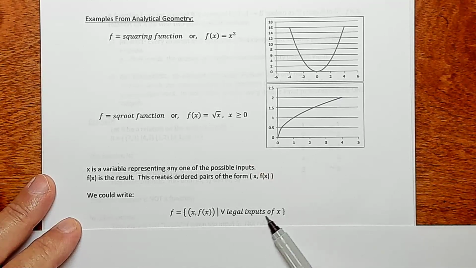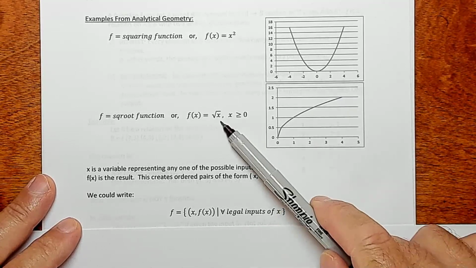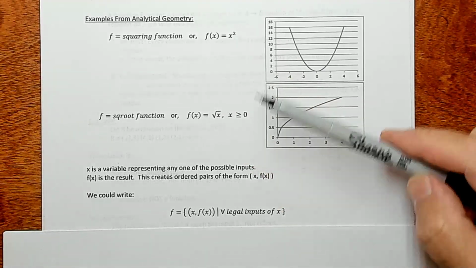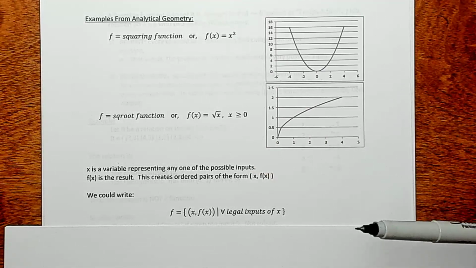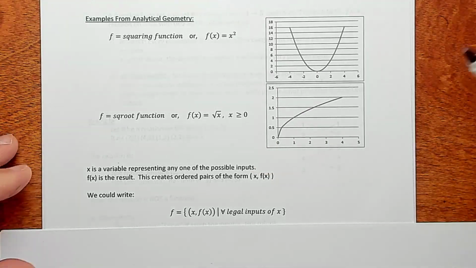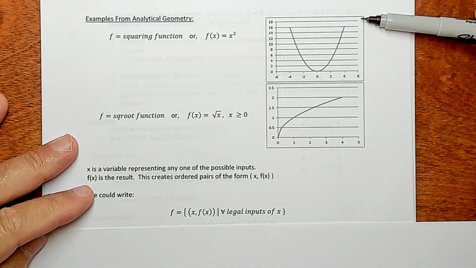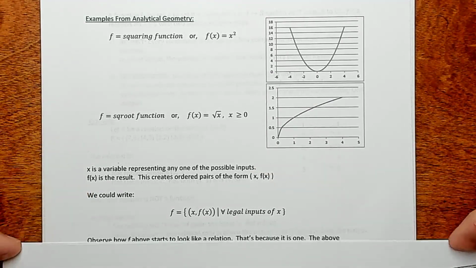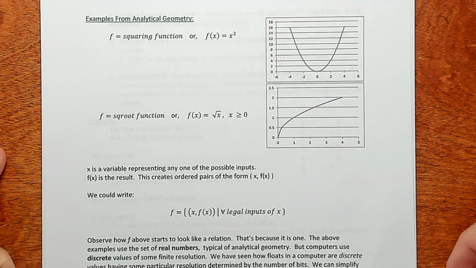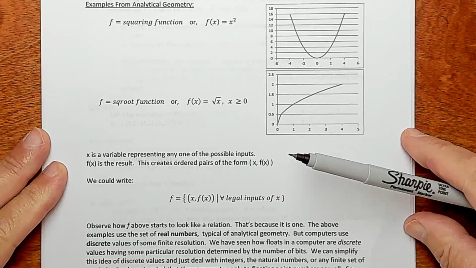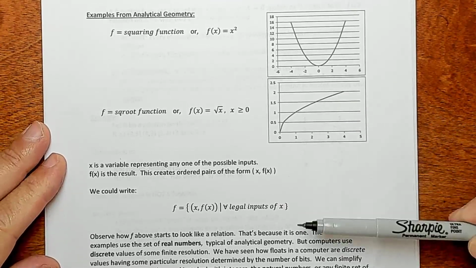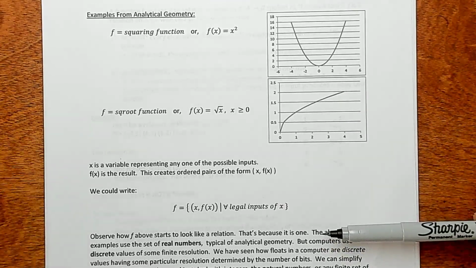What defines legal inputs of x needs a little bit more clarification depending on the situation, the example. So the point here is that functions from analytical geometry can be thought of as relations, and they are relations. A function is a special kind of relation.